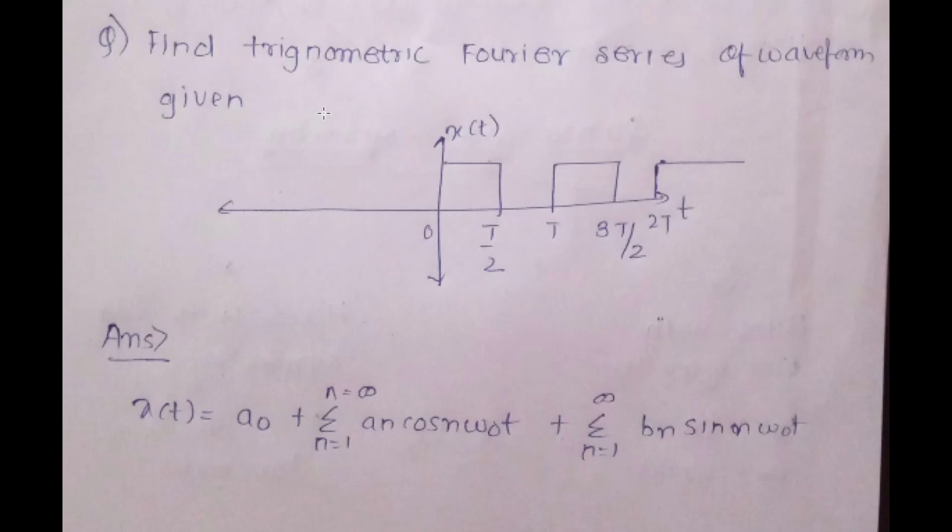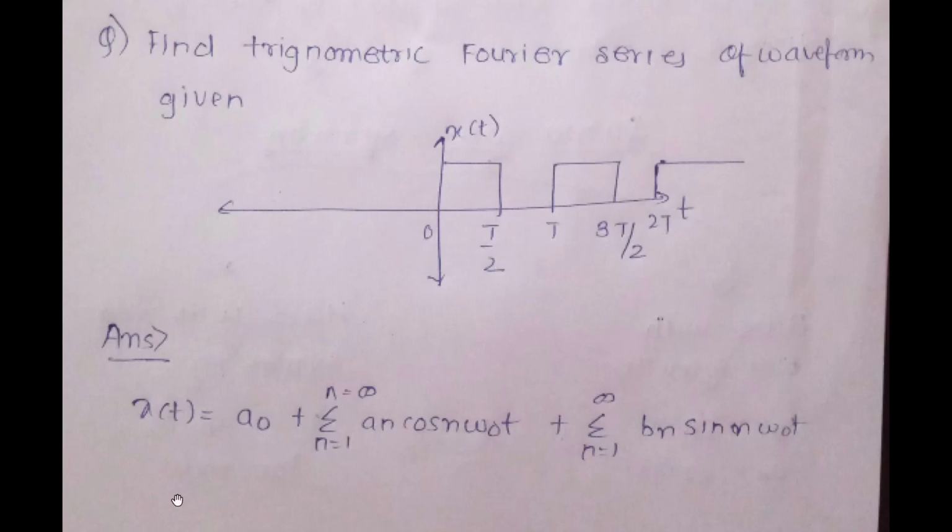Hence I cannot determine whether it's an even or odd symmetry signal. Also, nothing is given in the negative half of the amplitude. Hence I cannot even say that it's a half wave symmetrical signal. So in this case, I cannot determine which kind of signal it is.